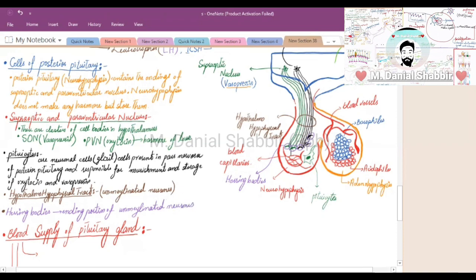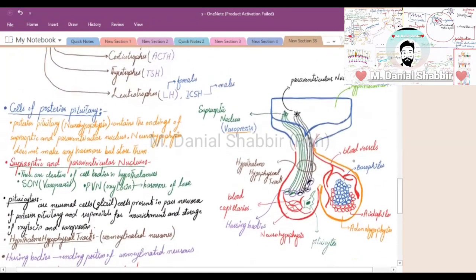Now I'm going to explain this diagram a little more. This is the hypothalamus, as you can see in this diagram. This is the paraventricular nucleus, and this is the supraoptic nucleus. A bundle of neurons originates from these two nuclei and goes all the way through the infundibulum into the posterior pituitary, right? The ending portion of these neurons are Herring bodies, and these collectively are known as the hypothalamo-hypophyseal tract system.